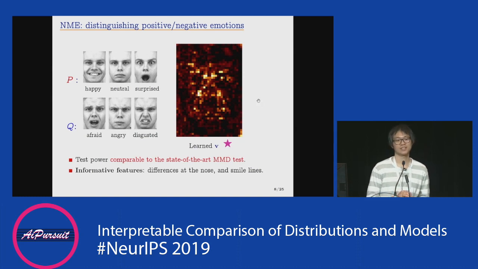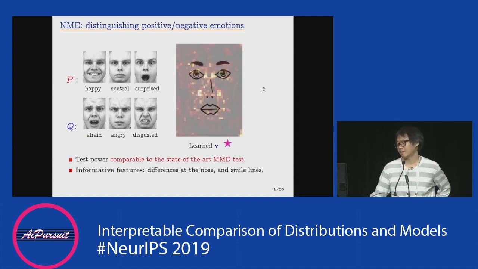It's supposed to be a face. If I overlay this, it's a face now. So here, you can actually take this V and interpret where P and Q differ. In this case, it shows that P and Q differ around the nose area and smile lines, because these are the regions that you use to show the emotions, right?